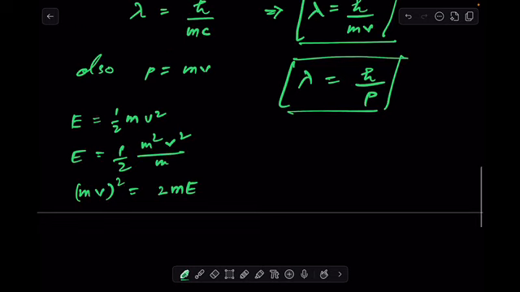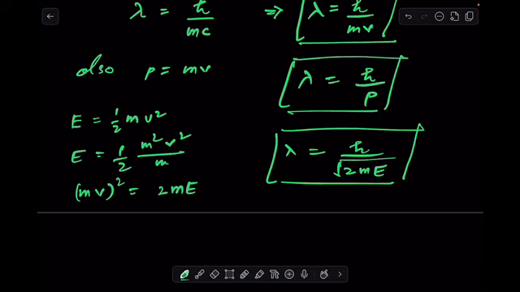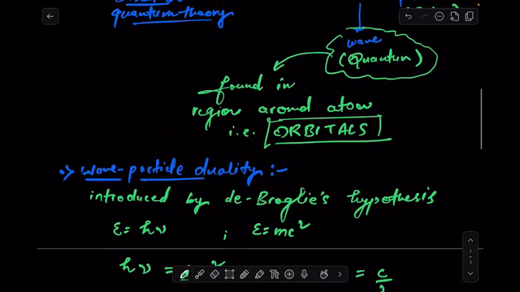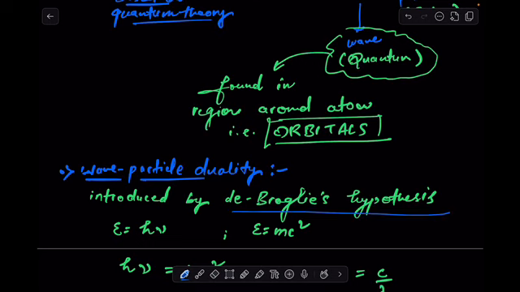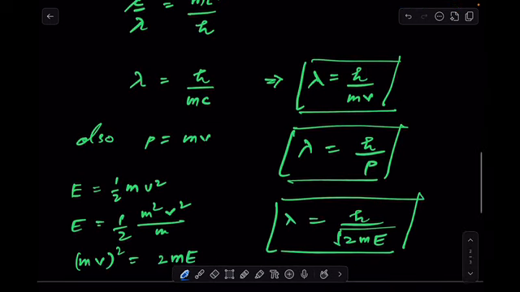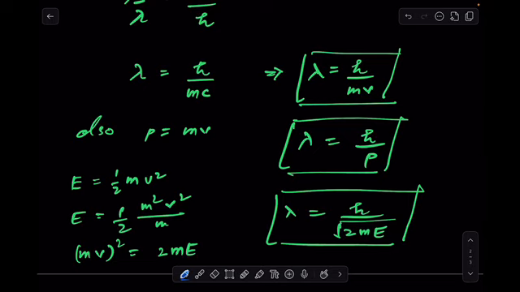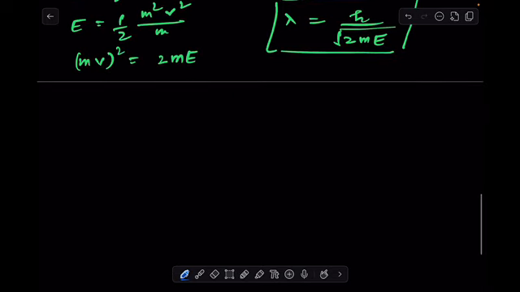We put this value over here and we get lambda is equal to h by root of 2mE. So this is the third relation that we need to remember. This was the first input towards the quantum mechanical model, given by de Broglie's hypothesis, that there is duality in the wave and particle nature in the microscopic world.